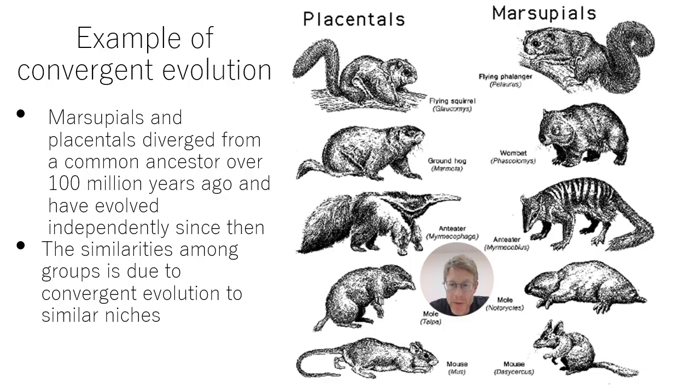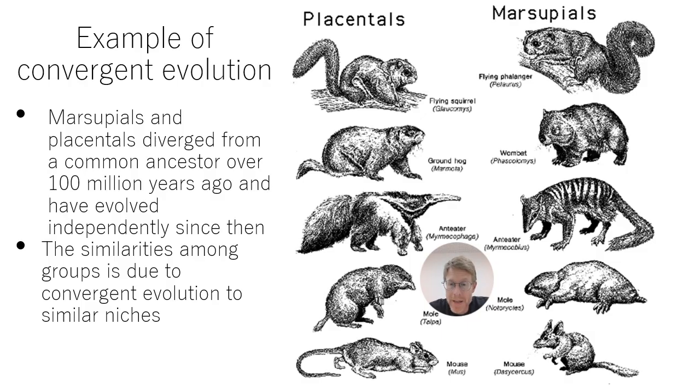You might want to put the groundhog and the wombat together. You might want to put the placental anteater and the marsupial anteater together in the same taxon. Well, that would be incorrect because you would be basing that decision on morphology, and in this case, these similarities are due to convergent evolution to similar niches.